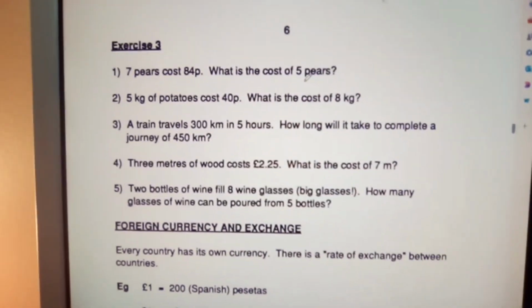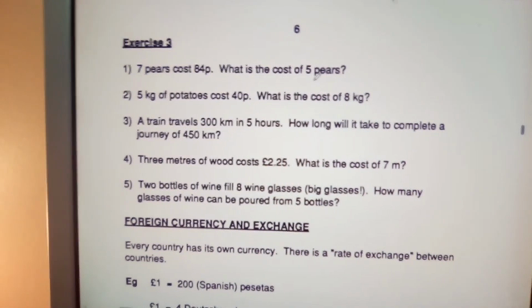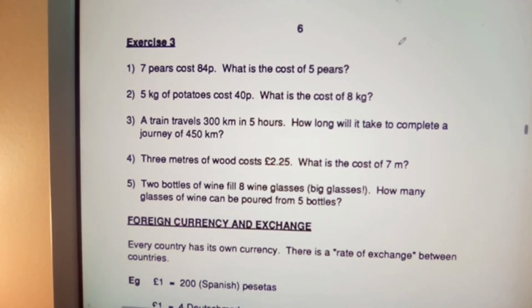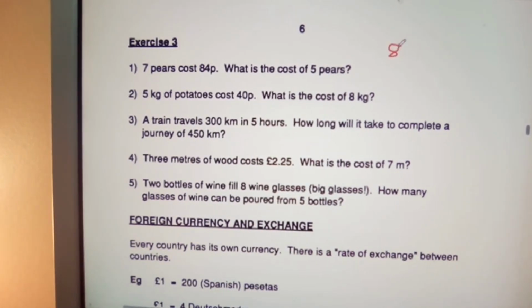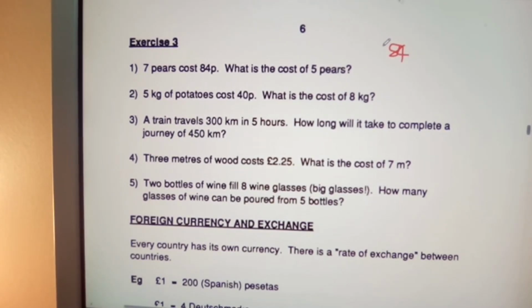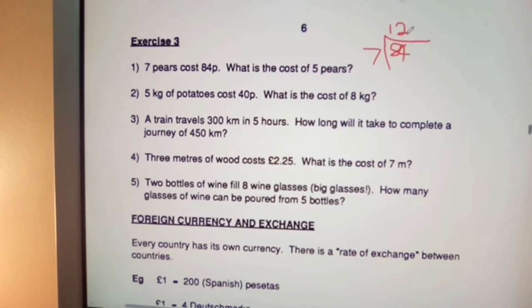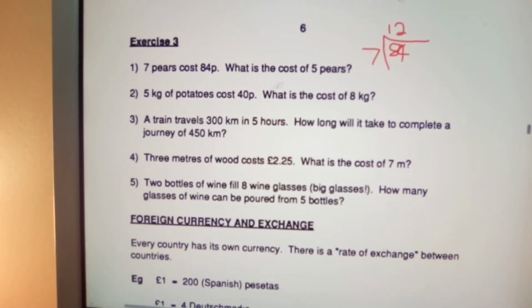Now, if 7 pairs cost 84 pence, this will tell me that I will divide 84 by 7. That will give me 12. Okay? So therefore I know that each pair costs 12 pence.